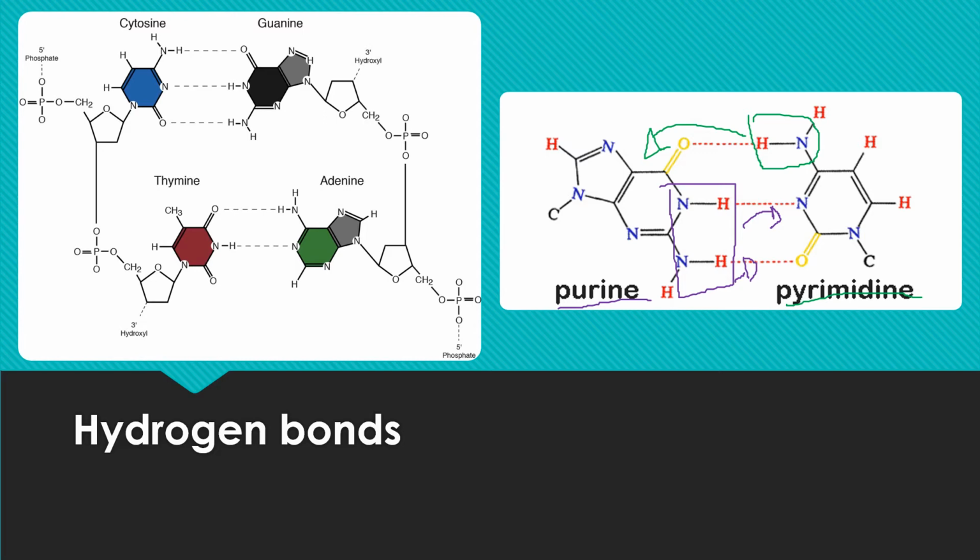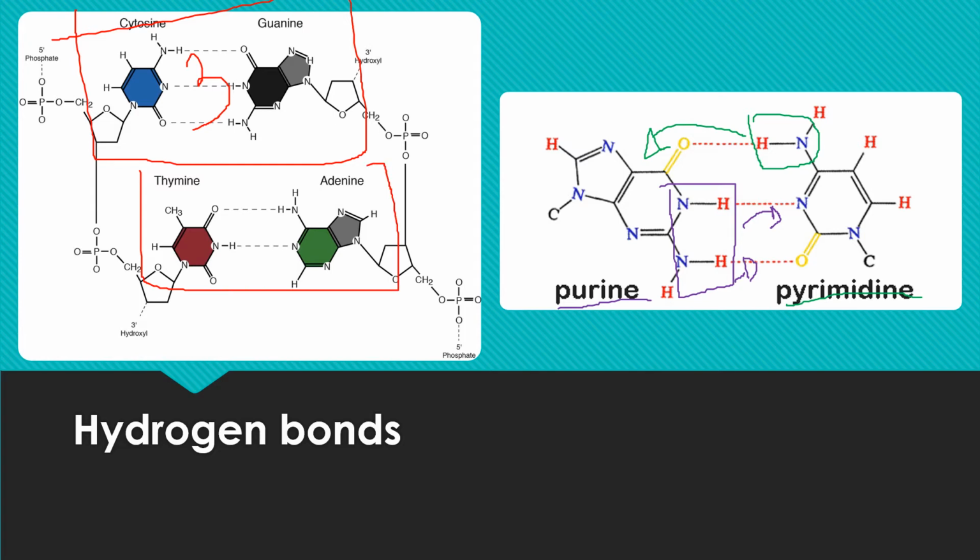With respect to this other picture, we realize that cytosine and guanine establish 3 hydrogen bonds, while thymine and adenine establish only 2 hydrogen bonds. This is very important, and this is the reason why the bond between cytosine and guanine is stronger than between thymine and adenine.